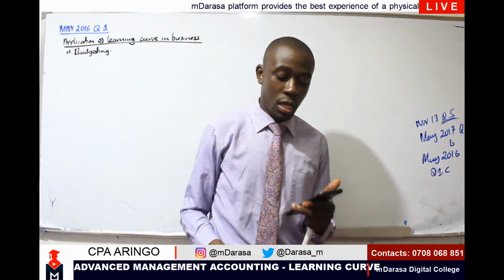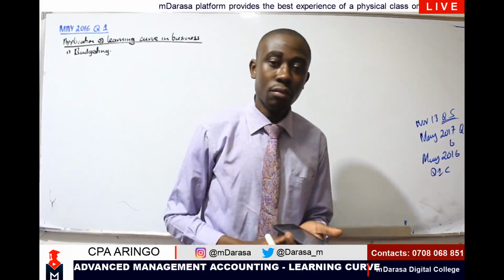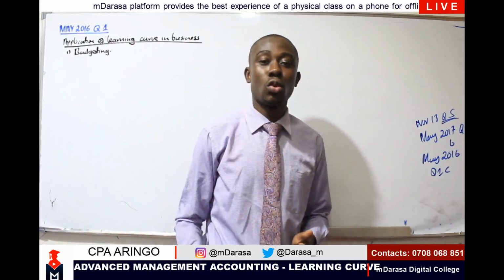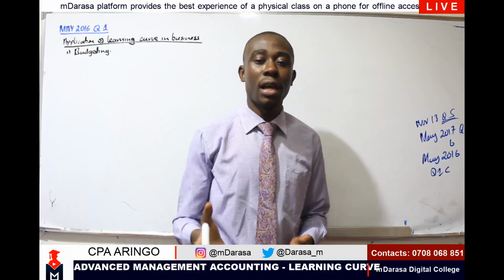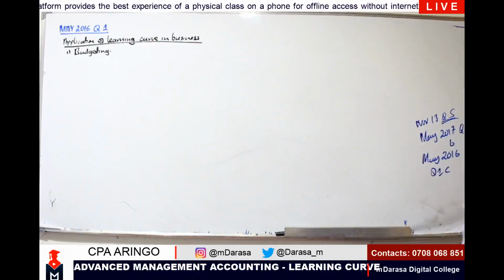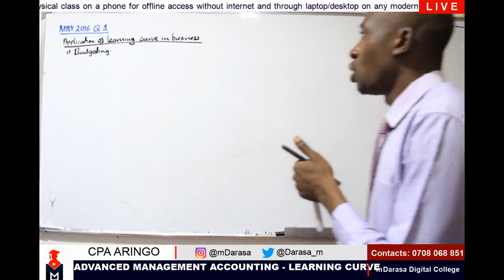Number 2 application of learning curve: whenever we are setting our prices, learning curve is also very ideal. Why are we saying that? It can assist us in pricing decisions, because the main impact is likely to be in providing better cost predictions, which enable price quotations to be prepared for potential orders.